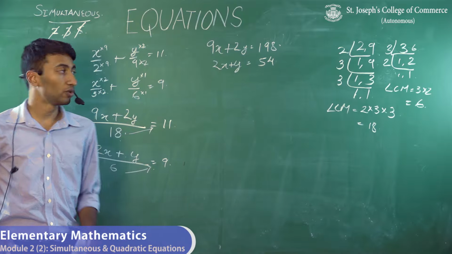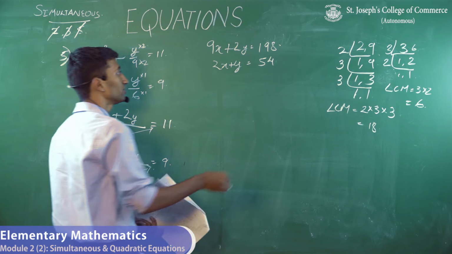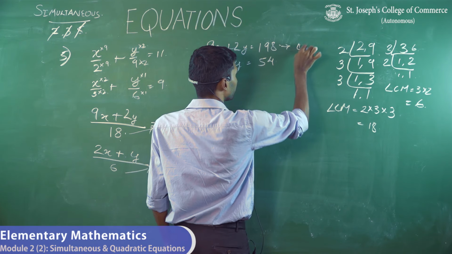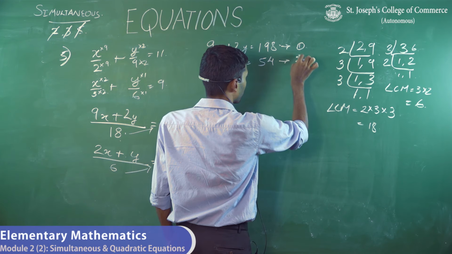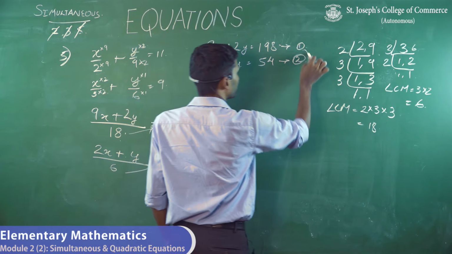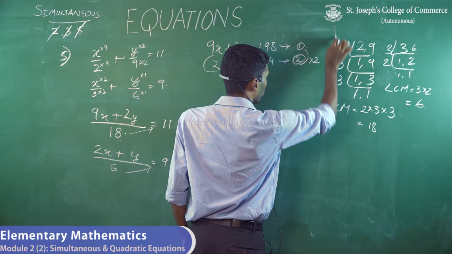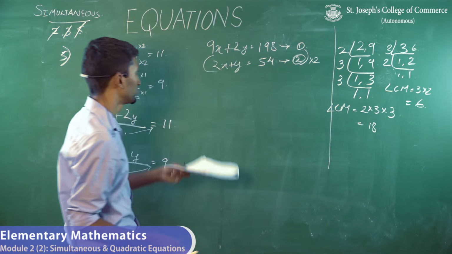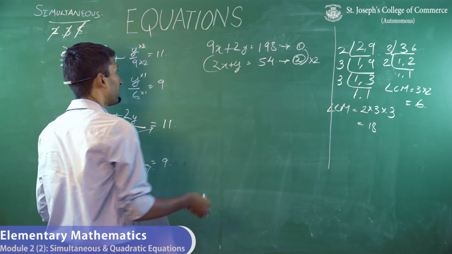Yeah. So now, since you have these two equations, solve them simultaneously. I would take the second equation and multiply it by 2, so that I can cancel out y.